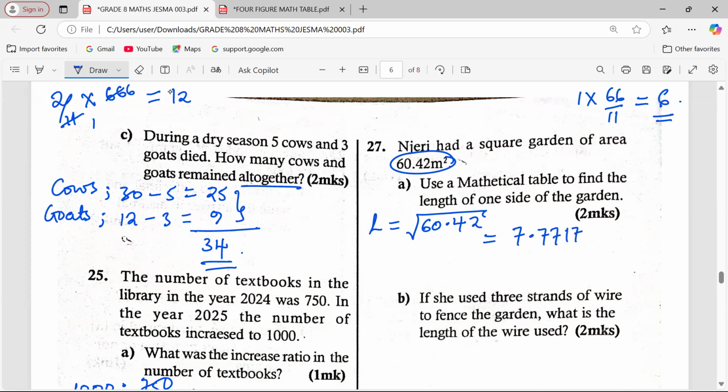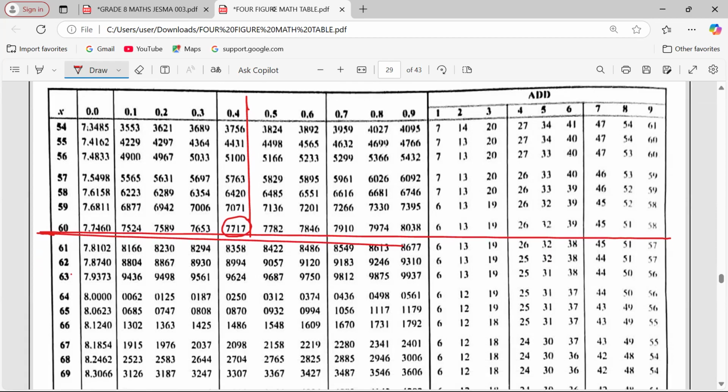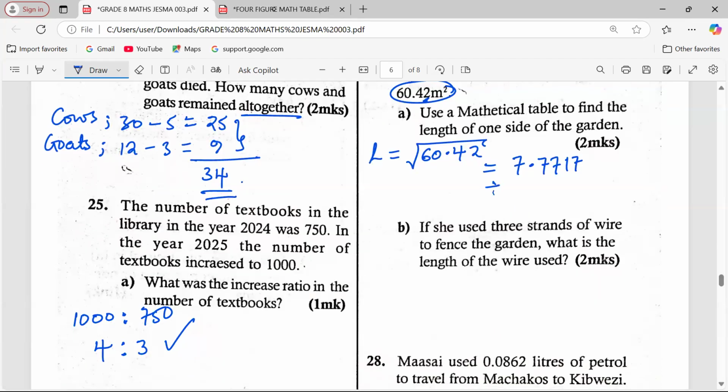7.7717. Then now we have to proceed and check the addition column, which is having 2, because it was 60.4, then 2. So we go to the column which has 2, and we add the difference. So along this column where there is 2, we find a 13, and it will be in the last positions. So we'll be adding 0.0013.